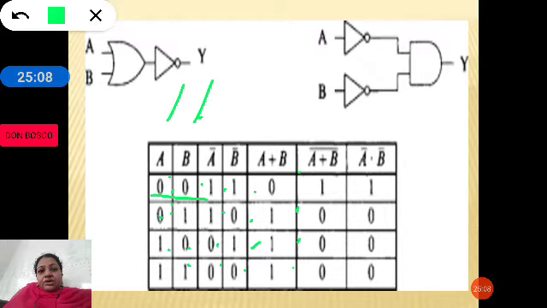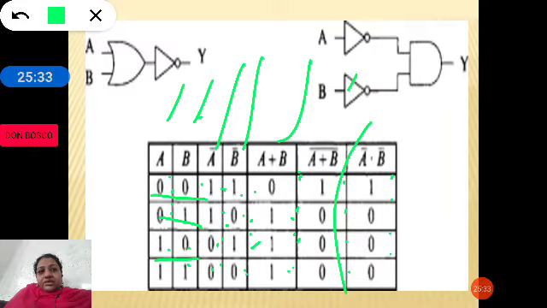First two columns we are adding. Then complement of this is 1, 0, 0, 0. Then A bar ANDed with B bar, that means this column and this column we have to AND. 1 and 1 is 1, 1 and 0 is 0, 0 and 1 is 0, 0 and 0 is 0.